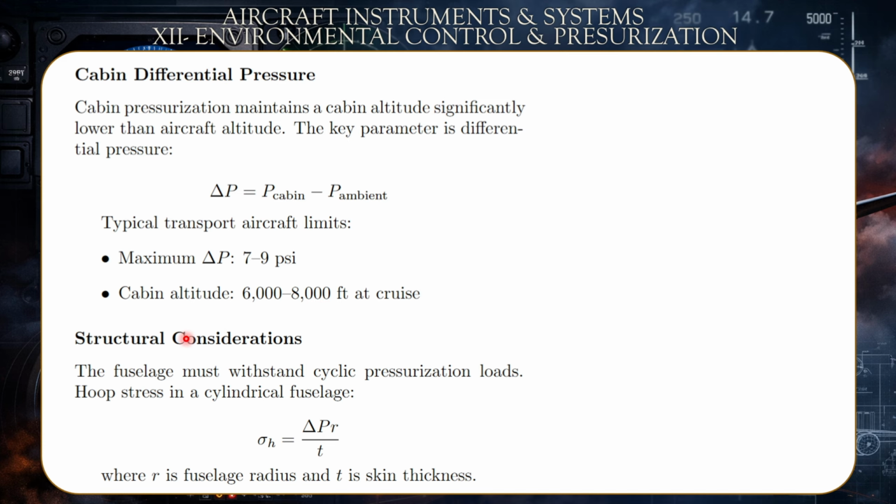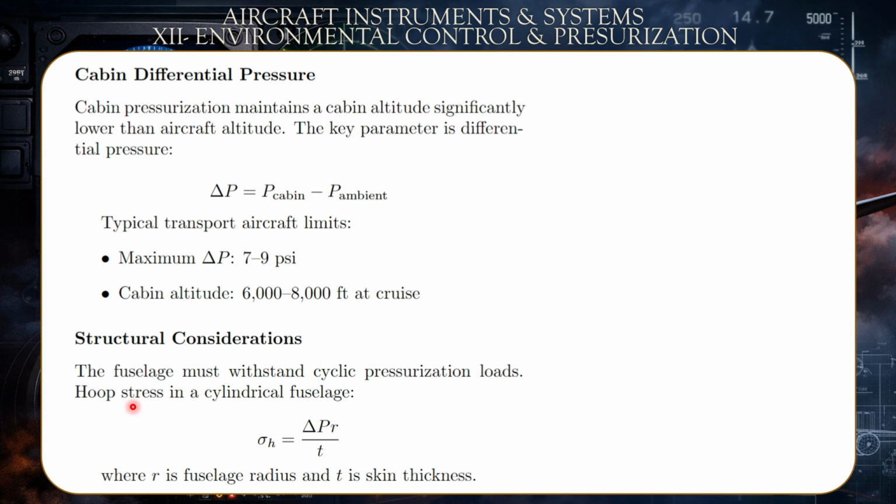Now, we have structural considerations to be minded. The fuselage must withstand cyclical pressurization loads. Why? Because the internal pressure is pushing against the skin of the airplane, and it has the tendency to move the air to the outside in order to attain equilibrium.